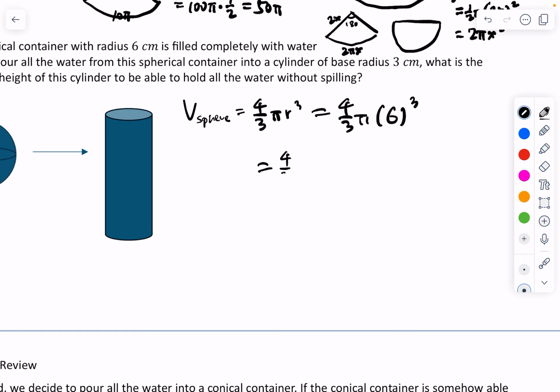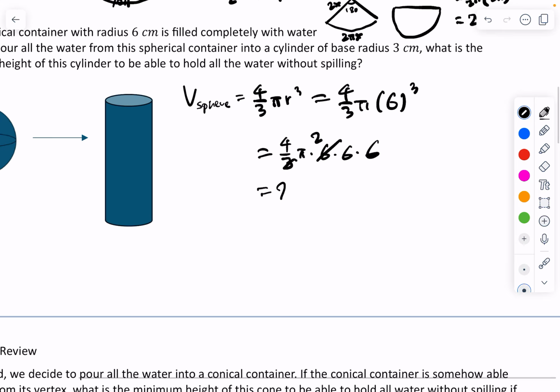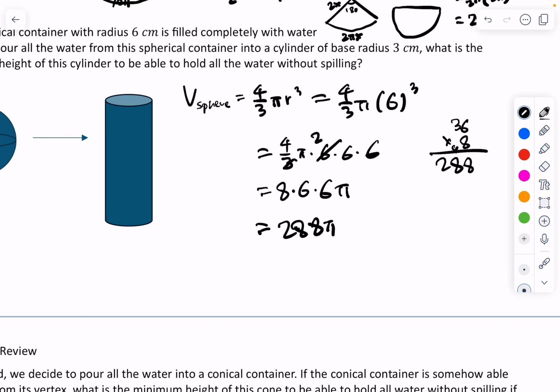You want to do 4/3 pi times 6 times 6 times 6, and then you want to cancel out the 6 and 3. So you would get 8 times 6 times 6 pi, which is 36 times 8, 288 pi, right?